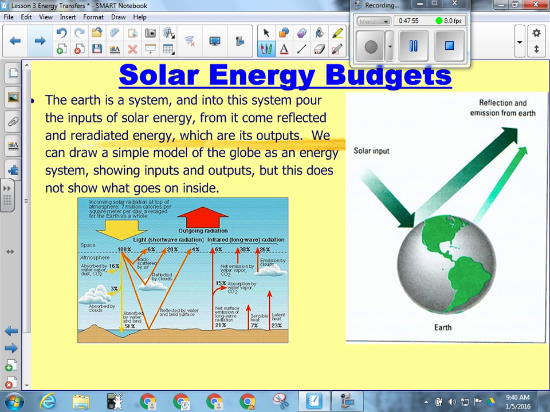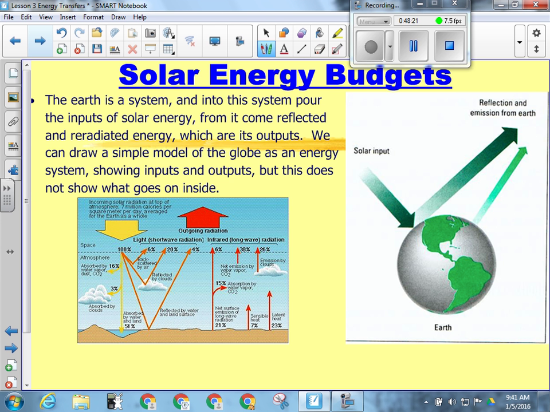What happens to the sun's energy, sorry, when it strikes the Earth? So incoming solar radiation, let's say 7 million calories per square meter per day, is what arrives at the Earth's atmosphere. So we come in with 100%, and we get a lot of absorption happening in the upper layers, about 16%.